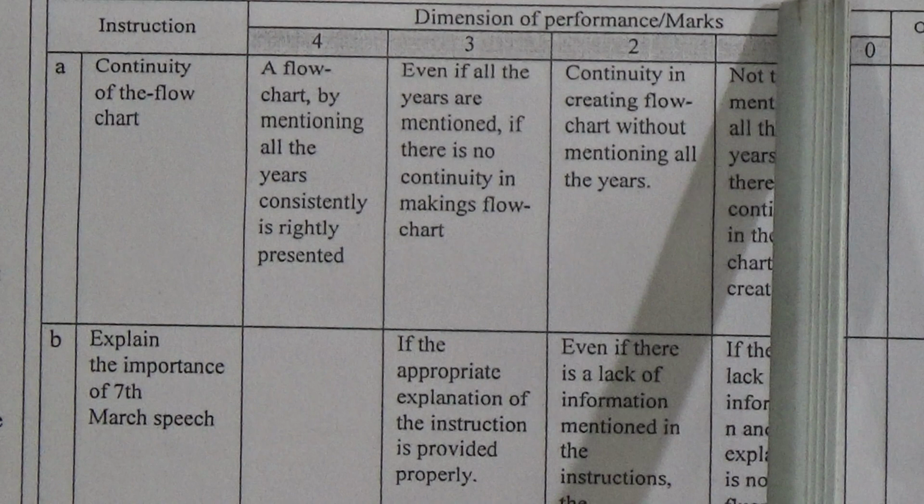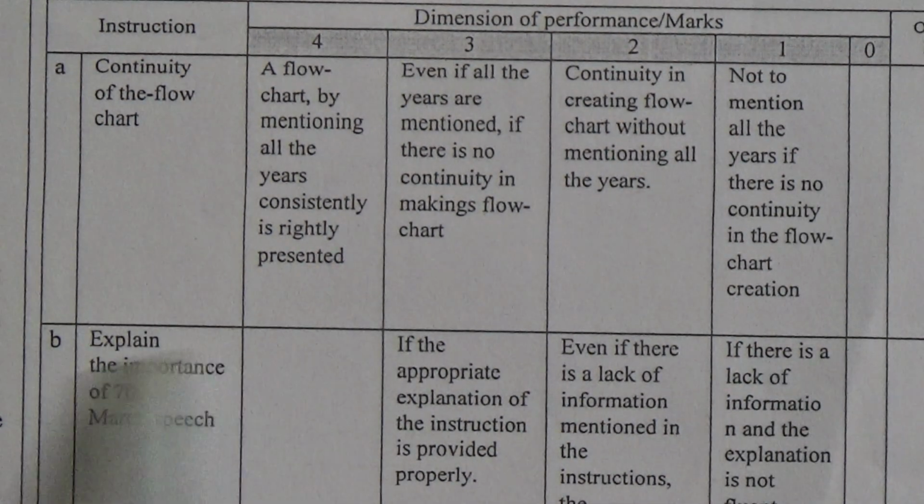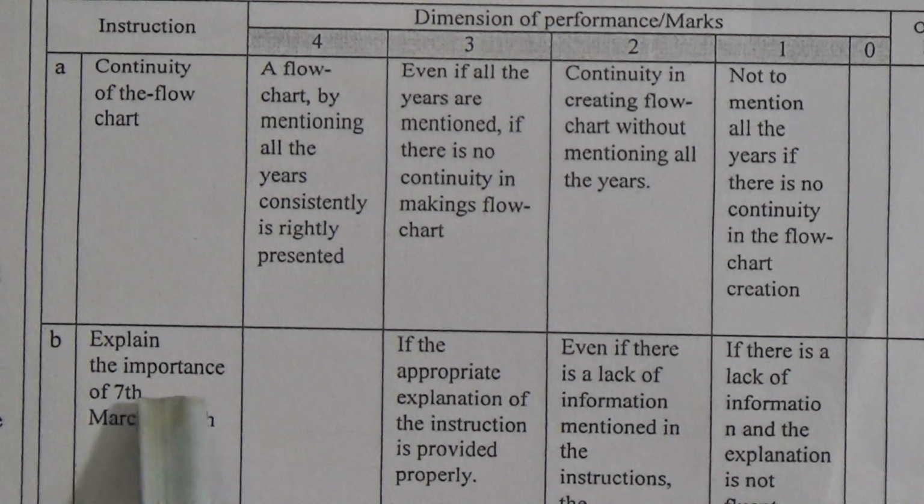In our second part, explain the importance of the 7th March speech. Here you will get full marks if you write it correctly and create a clear view about the importance of the 7th March speech.